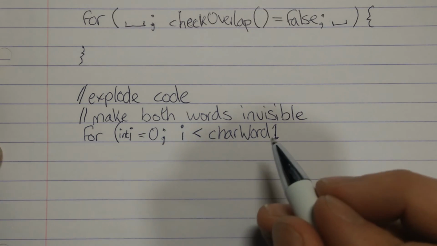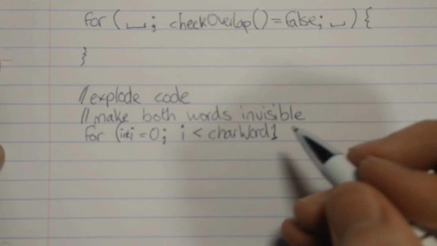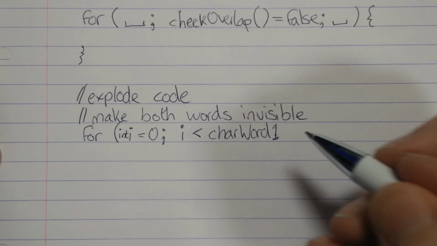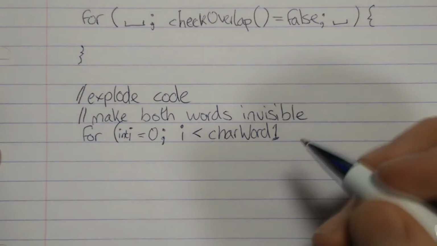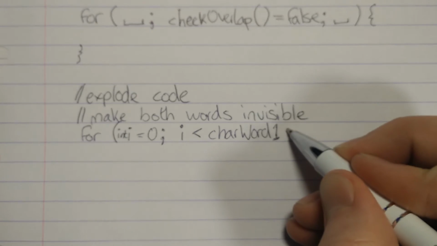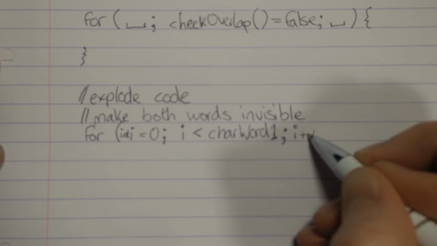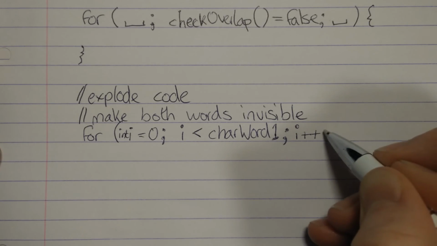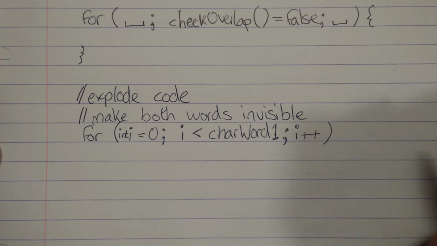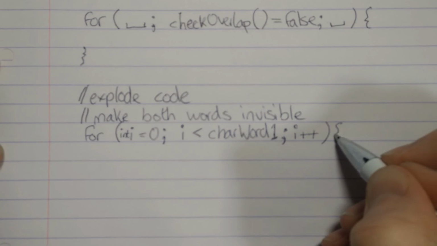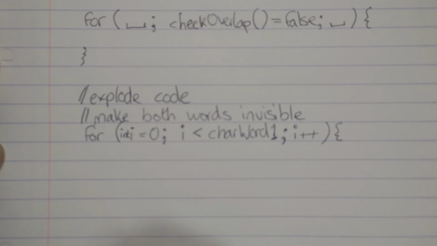You will want to check these because I don't have the code in front of me and it may be slightly different. And each time we loop around this we're just going to count i up 1, so that's i equals i plus 1. So this loop will go through every letter in that array and do whatever's inside.